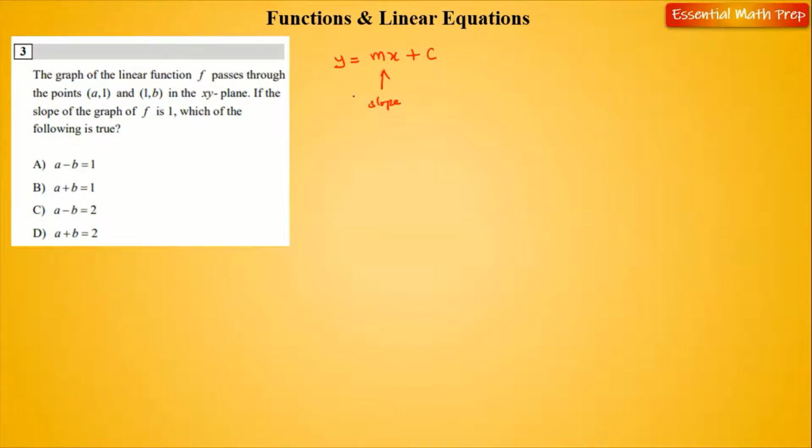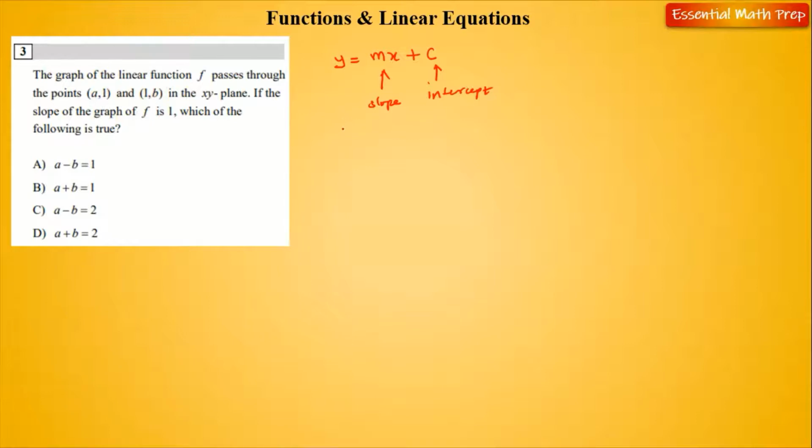We are told that the slope is 1. So let's substitute the slope using one set of ordered pairs and determine what this intercept c is. Once you know the intercept, then you can substitute the second ordered pair, and then collectively you will be able to determine what the correct answer is, right?